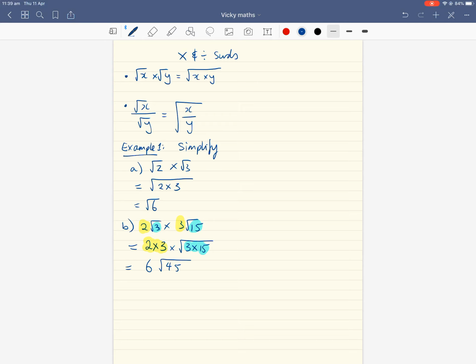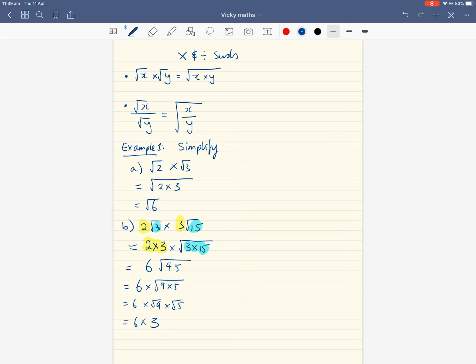Again, always check, can you simplify your answers? Because we always want to make our answers to be simplified surds. Otherwise, you lose half a mark. So root 45 can be broken down into 9 and 5. So let's break that down into 6 times root 9 times root 5.